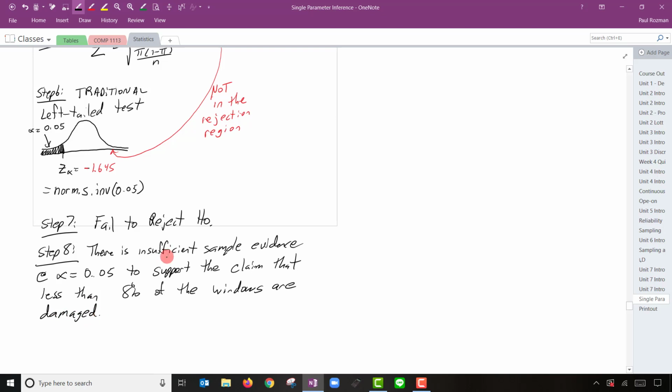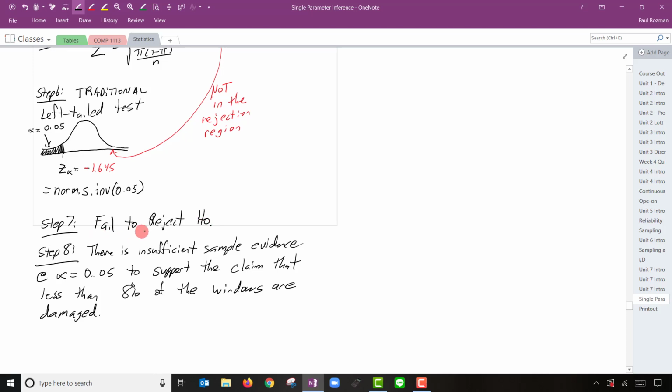Notice how the wording of that is fairly weak. Basically, it's saying that instead of saying they're wrong, we say we can't support that they're right. And the reason for that is that we don't know the probability of our error. When we reject the null hypothesis, we know the probability of our error.